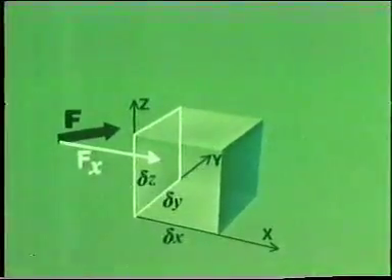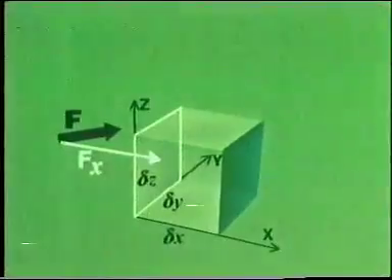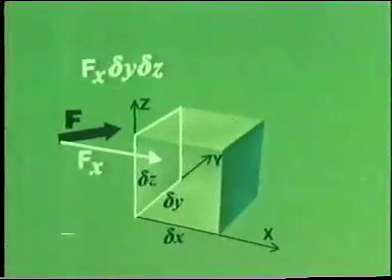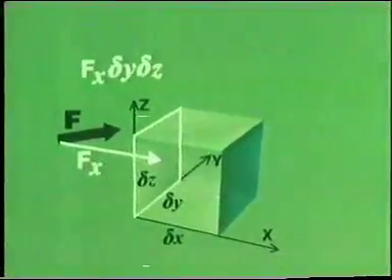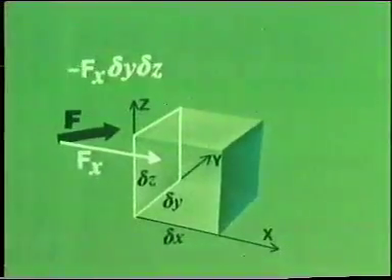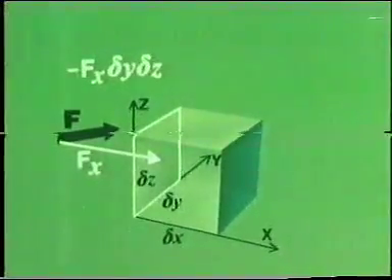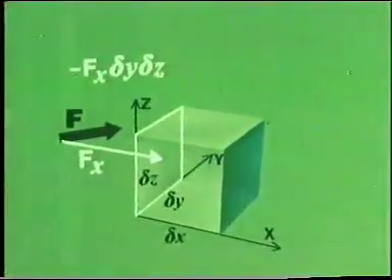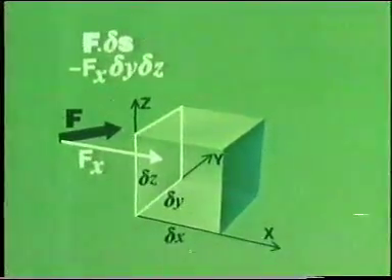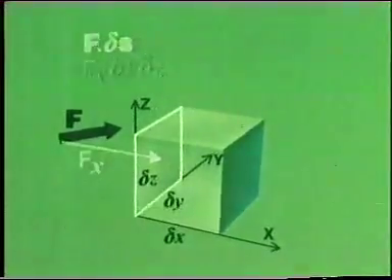So, a flow of fx per unit area means a total flow into the face of fx times delta y, delta z. Now, by convention, we consider outward flows as positive. So this represents a flow of minus fx delta y, delta z outwards. So this, in fact, gives us f dot delta s for the face.